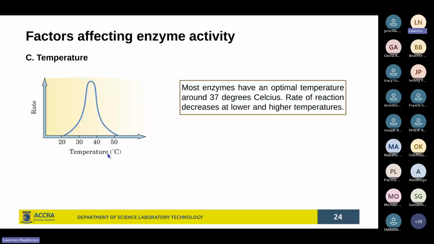So if you are able to control the activity of the enzyme in the microorganism, then you can slow down the spoilage of the food. And so if you put food inside the fridge, or you put food inside the freezer, all you are doing is to put the food in a condition where you are slowing down the enzymatic activity in microorganisms that cause food spoilage.